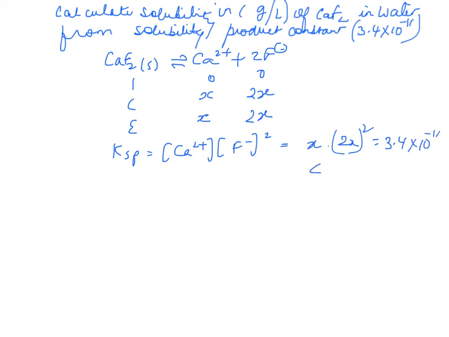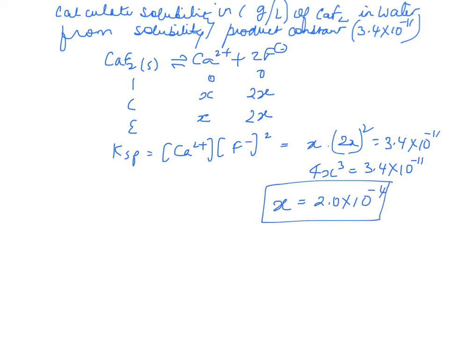And when you work out the math, that gives you 3.4 times 10 to the negative 11. And so X comes out to be 2.0 times 10 to the negative fourth. So basically you divided both the equations by 2 and then took a cube root.